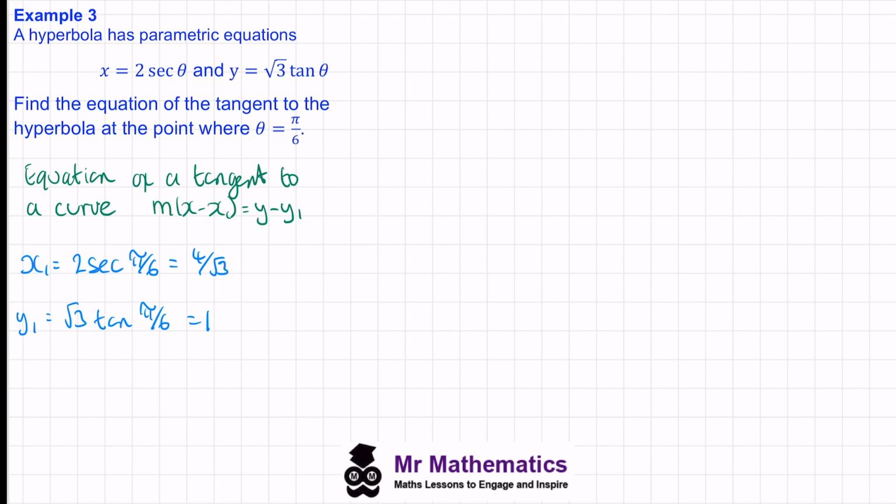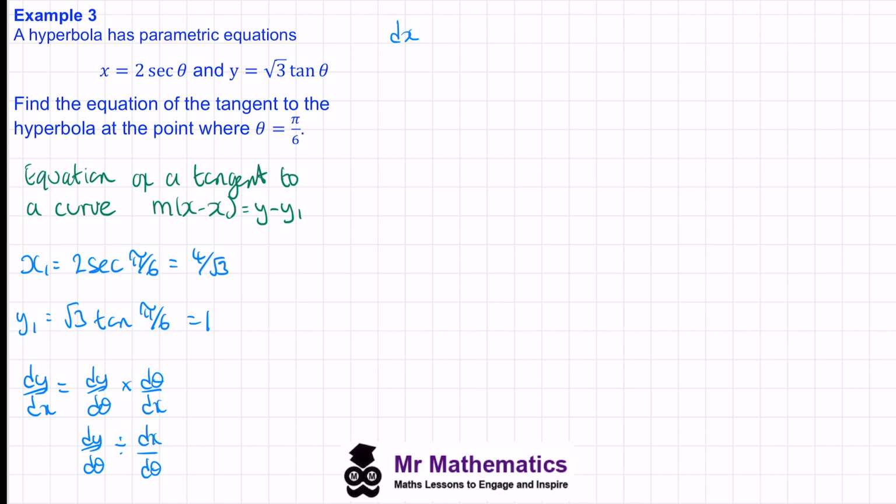So all we need to do now is to work out our gradient, which is dy by dx. And to work out dy by dx, I'm going to differentiate each of these parametric equations and then use the chain rule. So dy by dx will be dy by d theta multiplied by d theta by dx, or dy by d theta divided by dx by d theta. Okay?